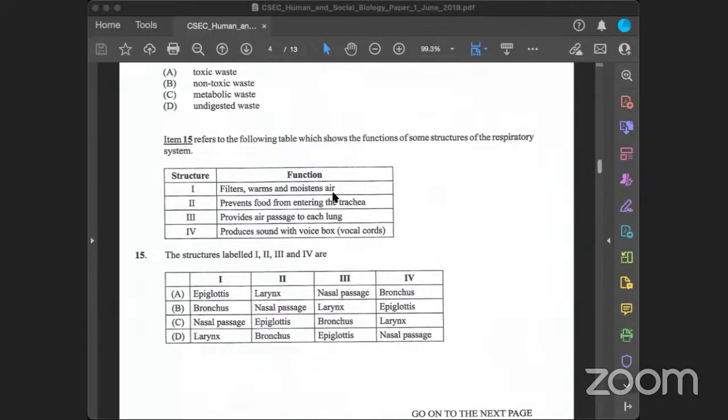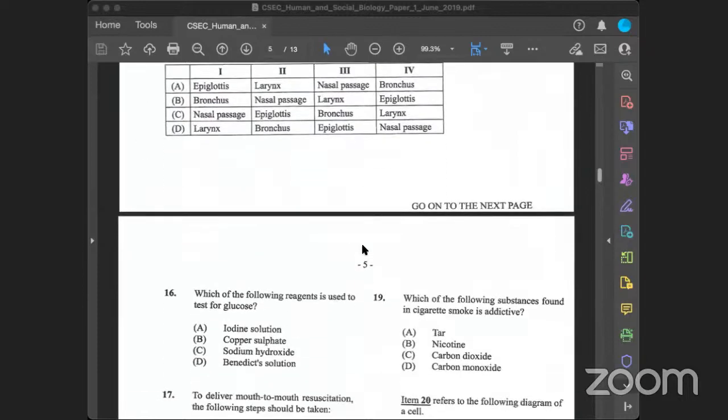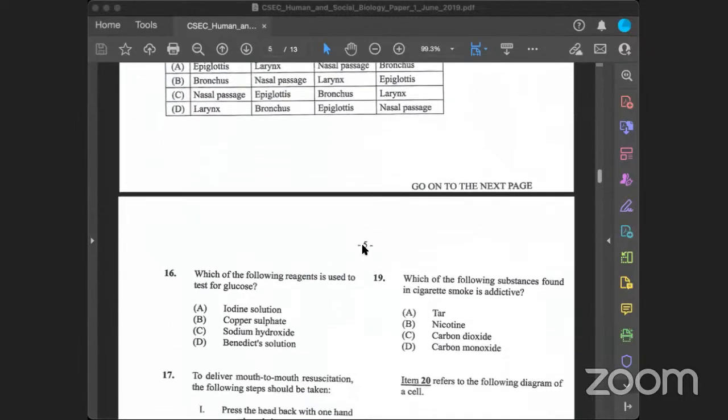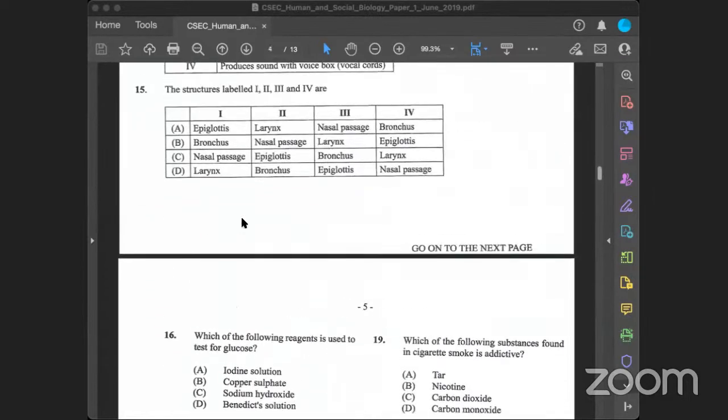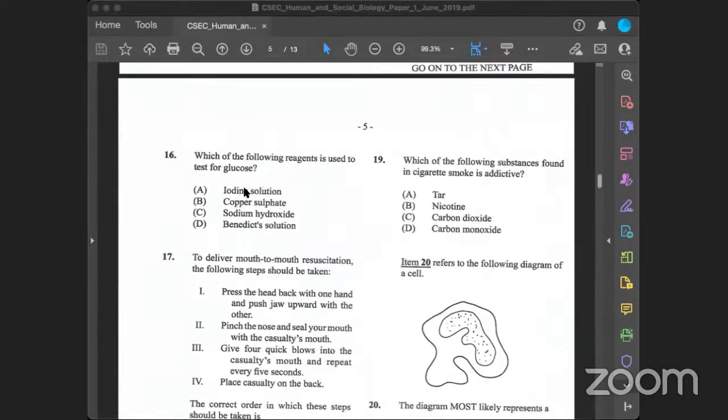The epiglottis prevents food from entering the trachea, and vice versa with air. The bronchus takes oxygen or gas to the two sides of the lung. And the larynx is what you call your voice cords. That's 15. Yeah, 16 now.